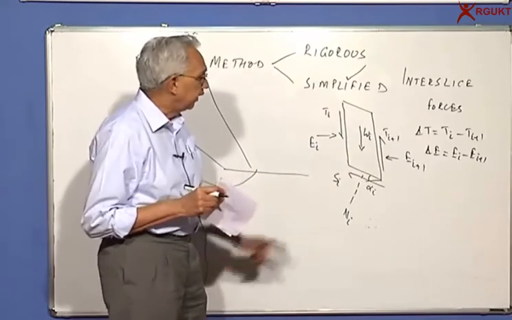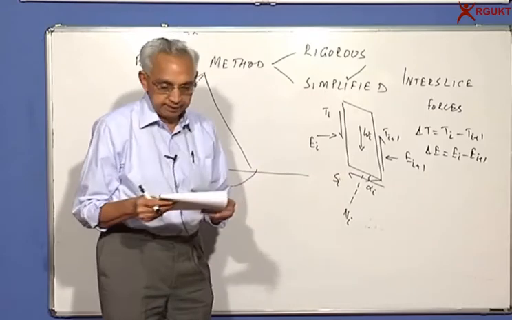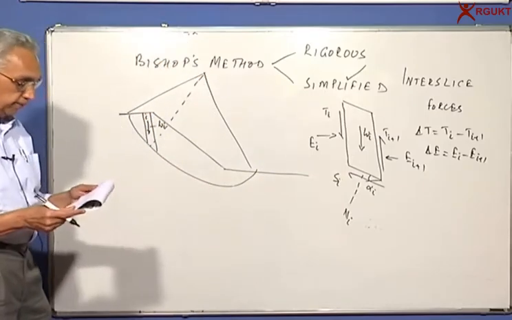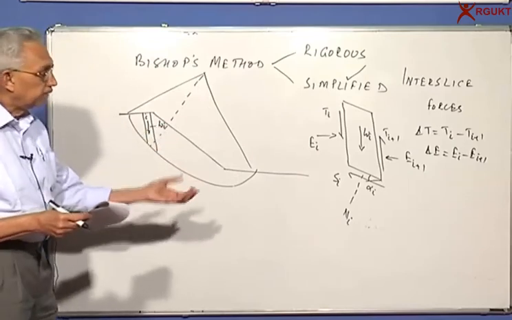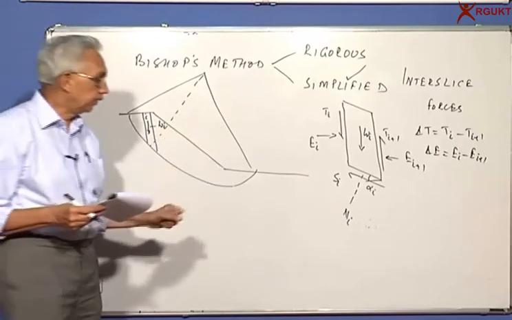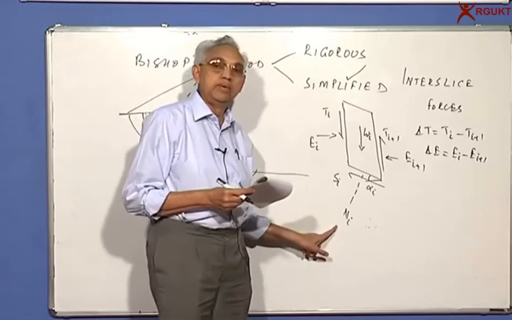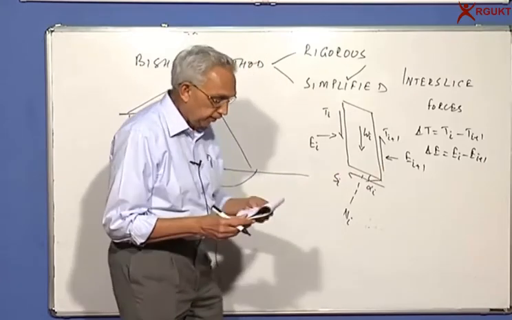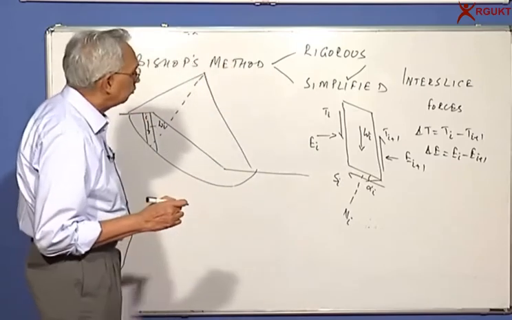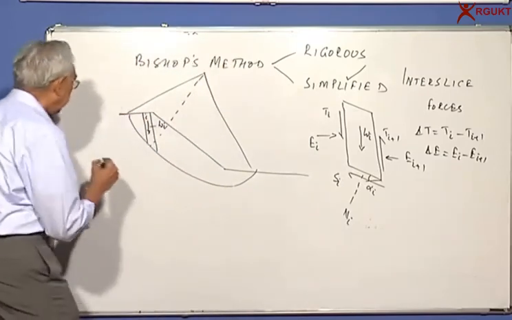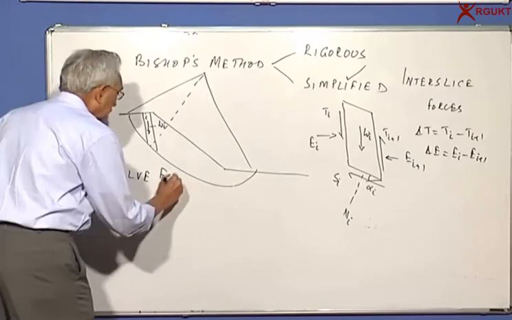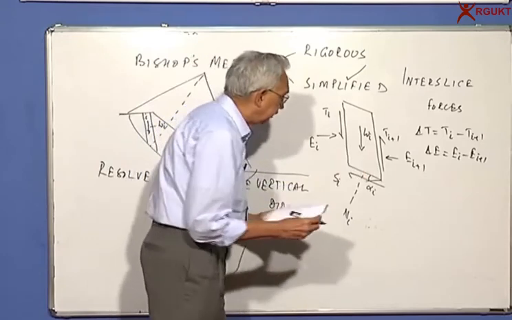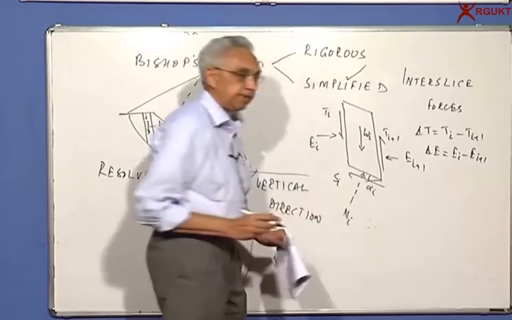Now we need to worry about how these forces can be included in our analysis. So let us say what will be the forces downward and what will be the forces upward, so that I would like to calculate Ni including these forces. In order to do that, let us resolve all the forces in the vertical direction. I would like to include the components that are going to contribute to the vertical direction.